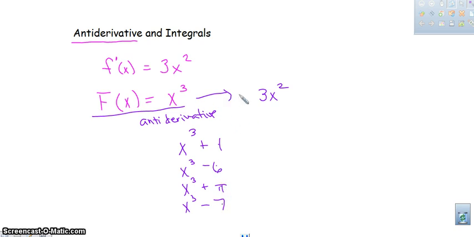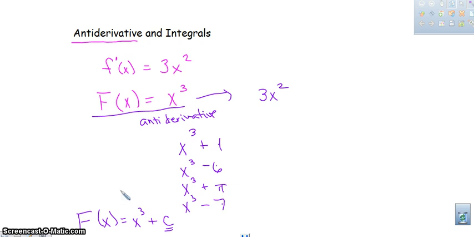So the actual antiderivative is x cubed plus c, where c is some constant. We don't know what the constant is. It could be anything, because remember the derivative of the constant is 0. So that's the basis of antiderivatives.